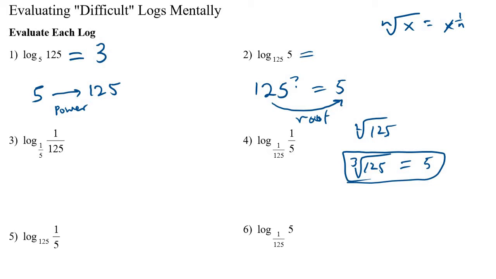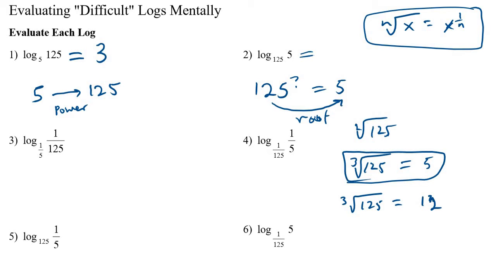That is an important property that we should all know. So the cube root of 125 is really 125 to the power of 1/3. So I need the cube root of 125 to get 5.